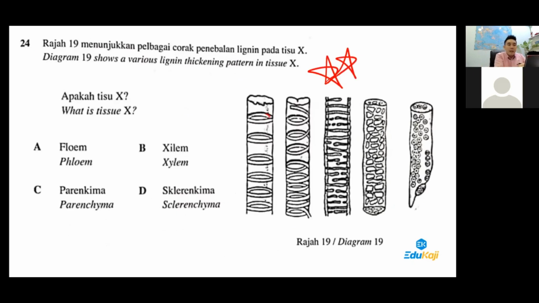Guys, what you're looking at here, all the different patterns here, they refer to lignin. And lignin is found in xylem. 24 B.